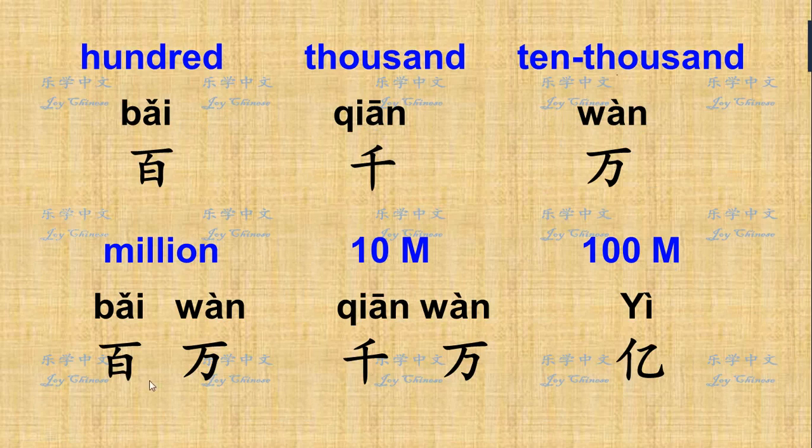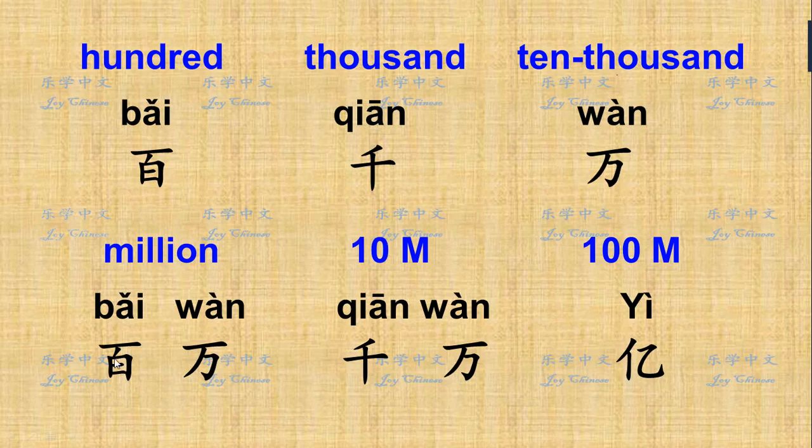So we say 10万. This means 100,000. If you say 百万, it's a million. It's 100 times of 万. Actually, it's 1,000 times of 1,000, right? I wish you understand the difference.